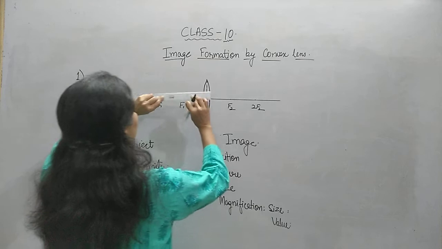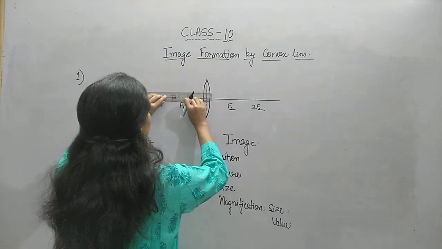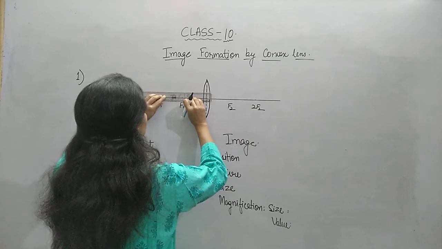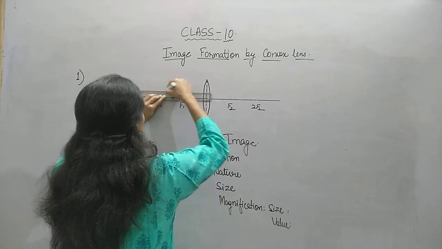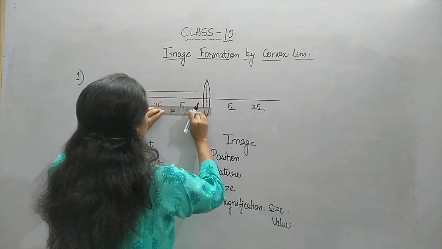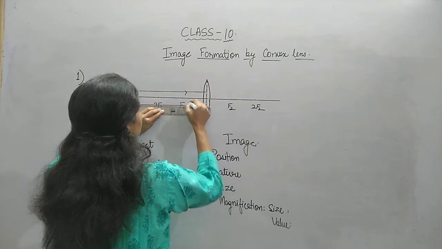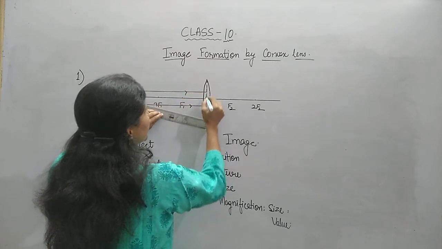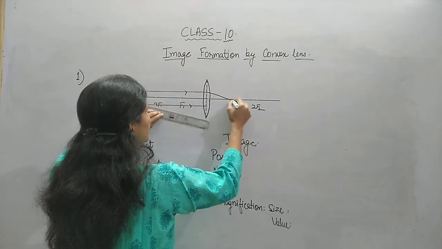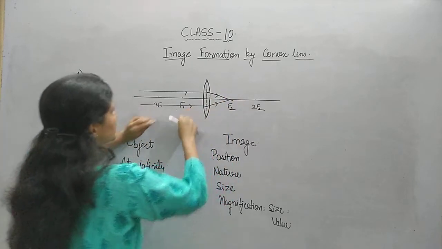So we are taking some object which is at a very far away distance and the rays are falling on the lens paraxial. So these paraxial rays converge at a point on the principal axis after refraction. That point we defined as focus in the previous class.